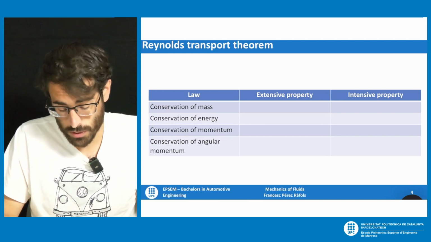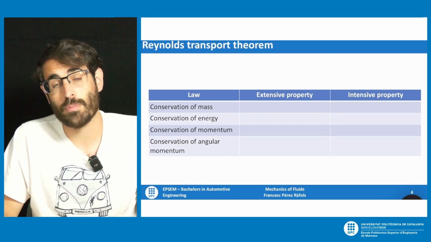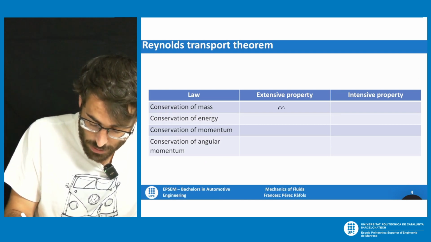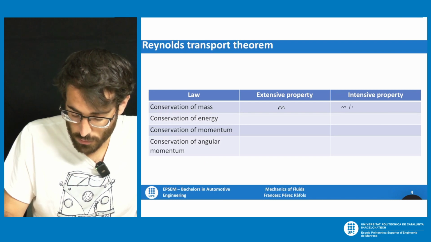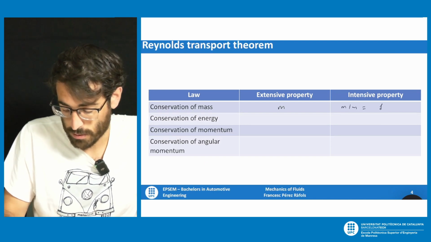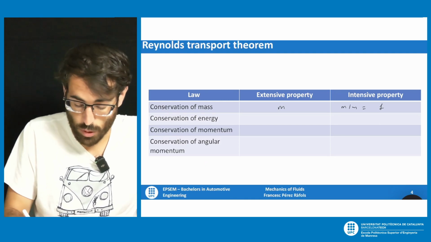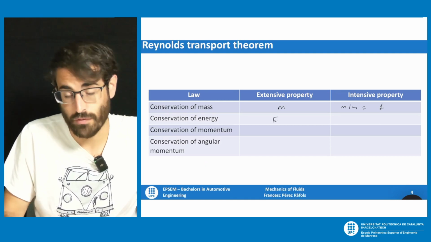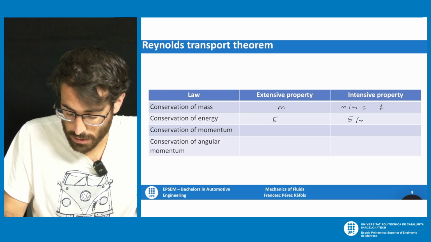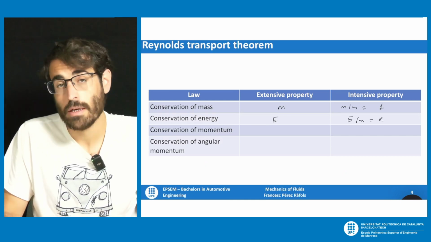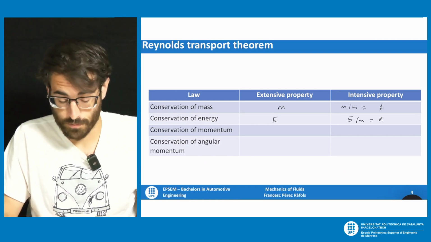in order to obtain these conservation laws. So for example, if we look at conservation of mass, then the extensive property is going to be mass, and the intensive property, well, it's going to be mass over mass, so it's just going to be 1. If we look at the energy, the extensive property, again, will be energy. We will define it. And the intensive property is going to be E divided by mass, which we will call the specific energy.